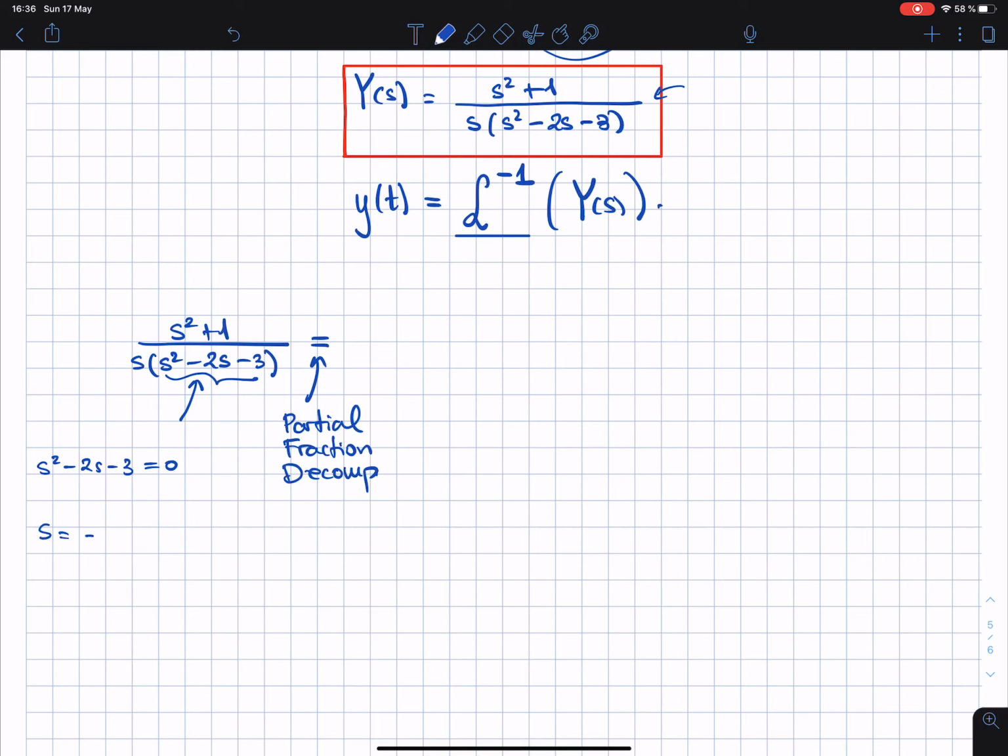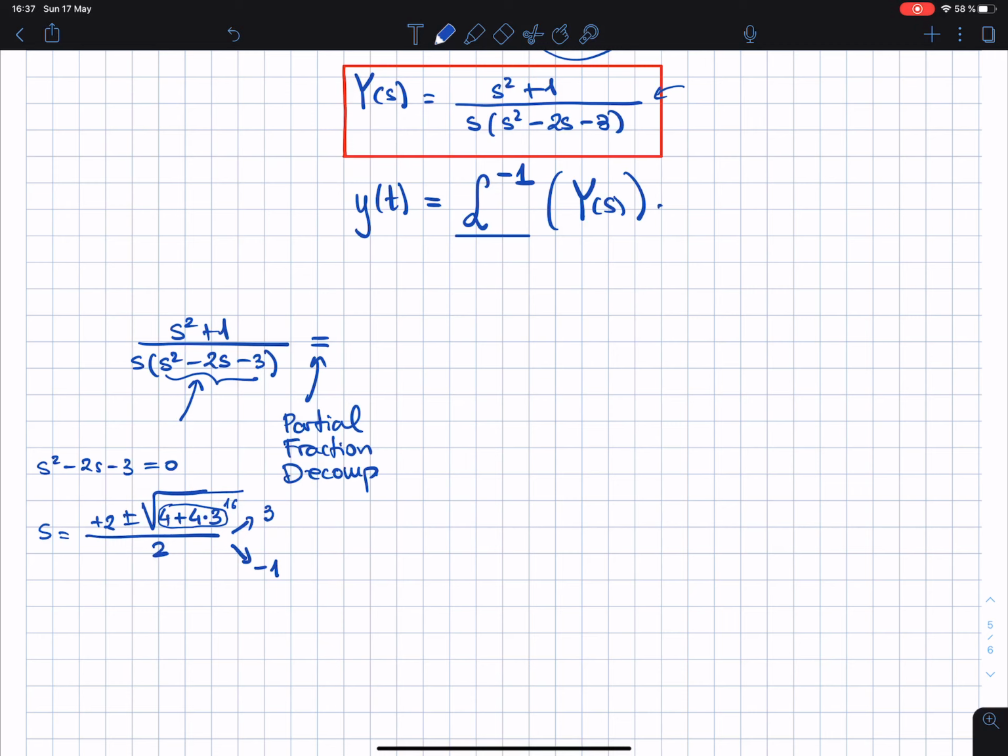Let me solve that. That's minus b. So here we have the result of this is 16. The square root of 16 is 4. 4 plus 2 is 6, divided by 2 is 3. And the other root is when we use the minus sign. 2 minus 4 is minus 2, divided by 2 is minus 1. So these are the two roots that we have.